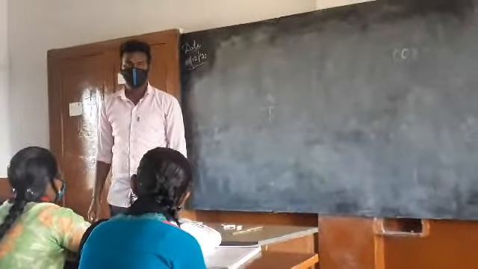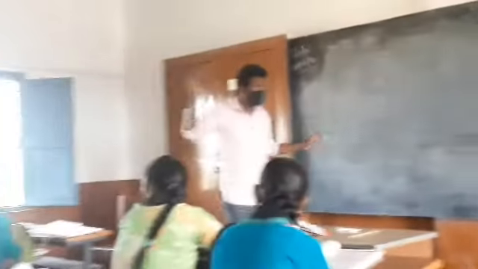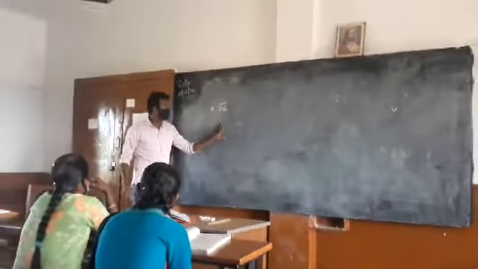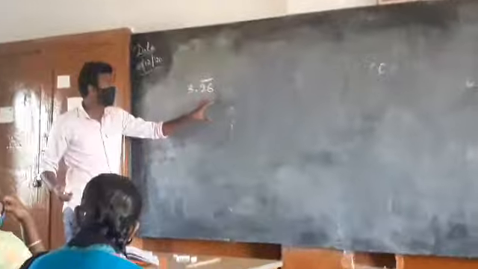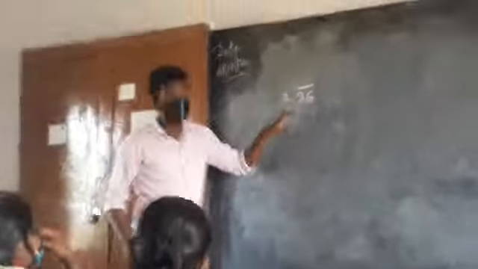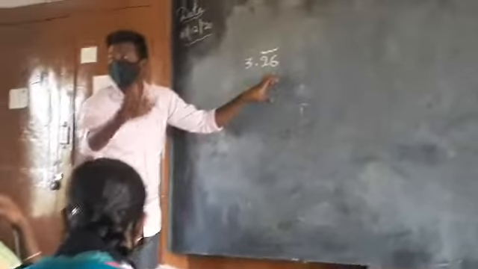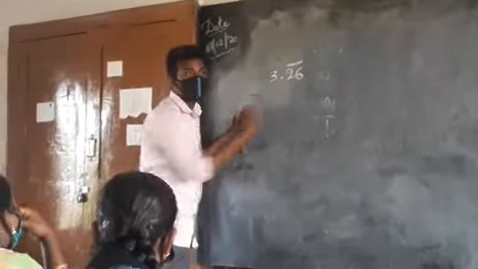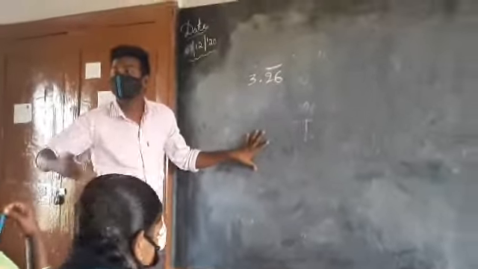Who is ready to give? Yes, louder. 3.26 bar. Bar on 26 or only 6? 6. Okay, you can put either 6 or 26. Whatever the way, it is a decimal number and it is non-terminating and recurring. This bar represents the repeating values of the decimal.